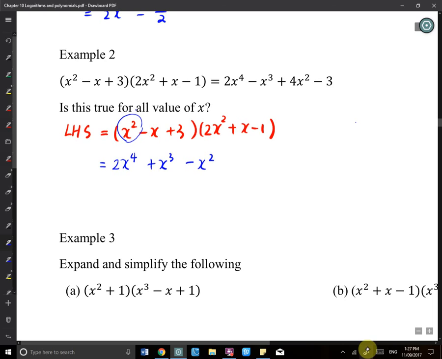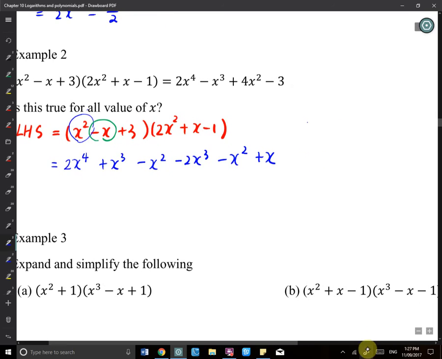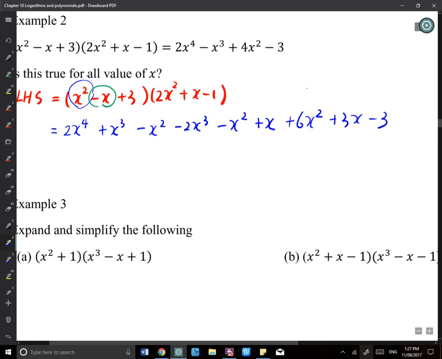The middle one, minus x times 2x is minus 2x cubed. Minus x squared. That one, plus x. Last one, 6x squared plus 3x minus 3. Should be 9 terms in total. And I will simplify it.